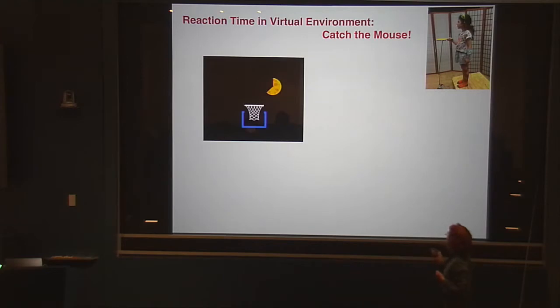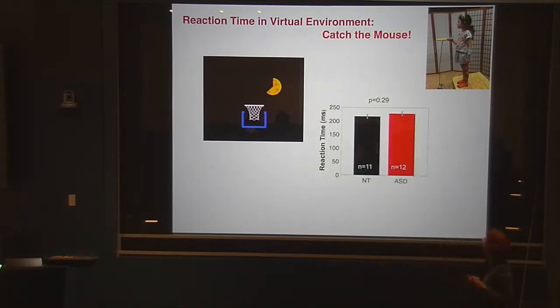Here, the results are very nice and interesting. Reaction time in ASD and NT children does not differ. Mind you, this is different from several reports in the literature. The only way that I can understand this is that in our task, children are very engaged.